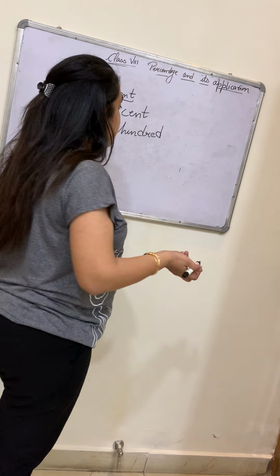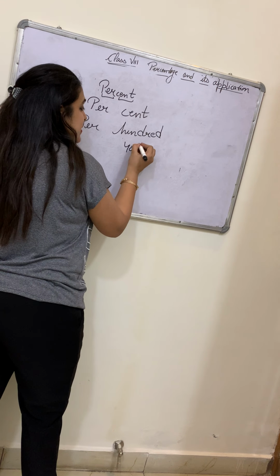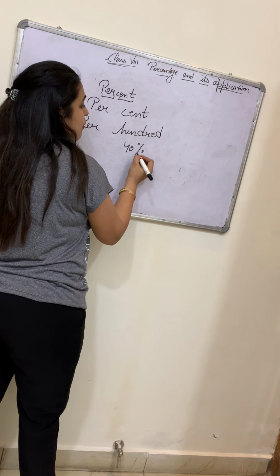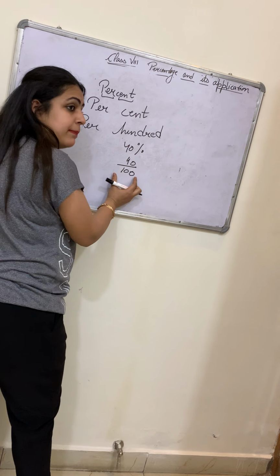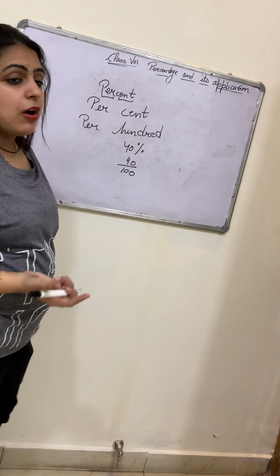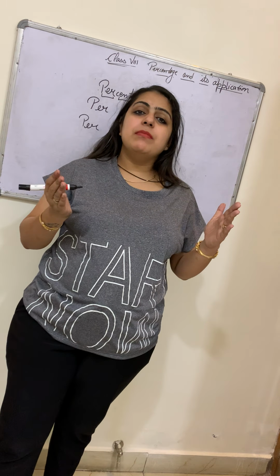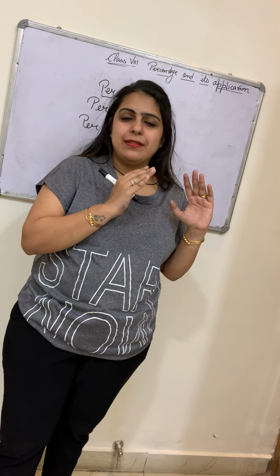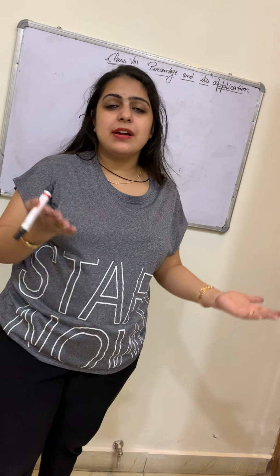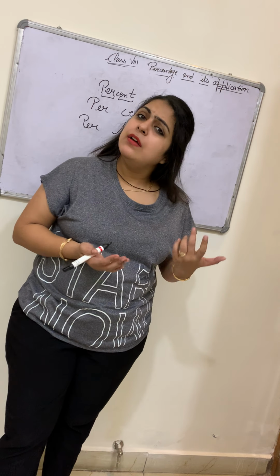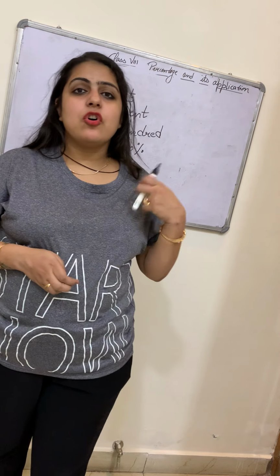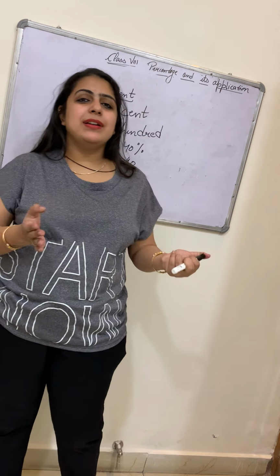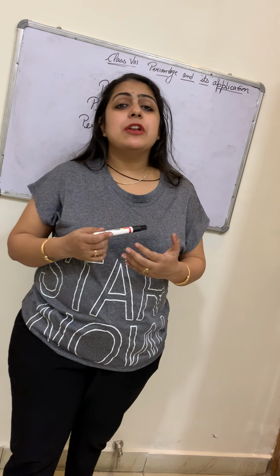If I am saying 40%, what does that mean? 40 upon 100, that is 40 per 100. In common language, अगर हम 100 में से 40 वाला पार्ट पिक कर लें, that becomes the 40%. अगर हम 50 वाला पार्ट पिक कर लें, that is the 50%. So whenever I'm talking about percentage or percent, any quantity in percentage, we are talking about it with respect to 100.